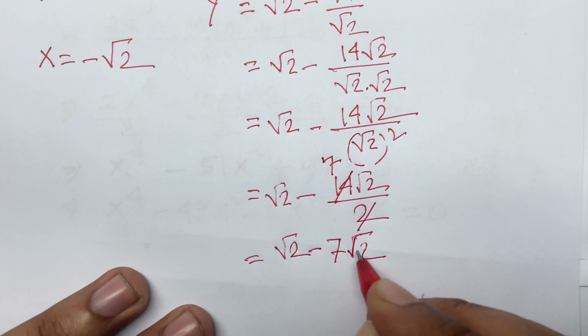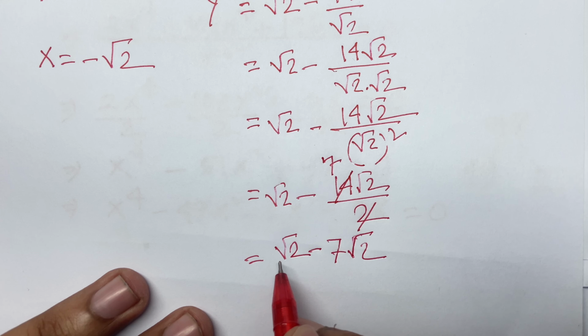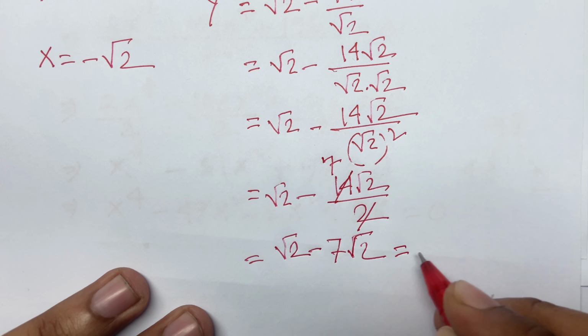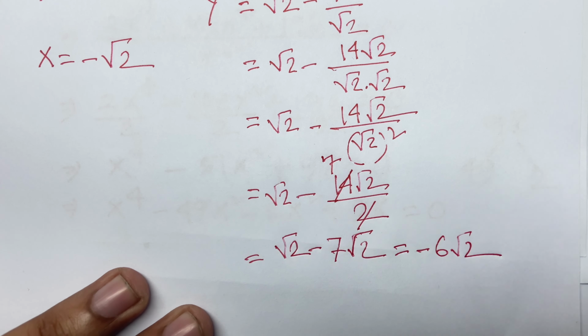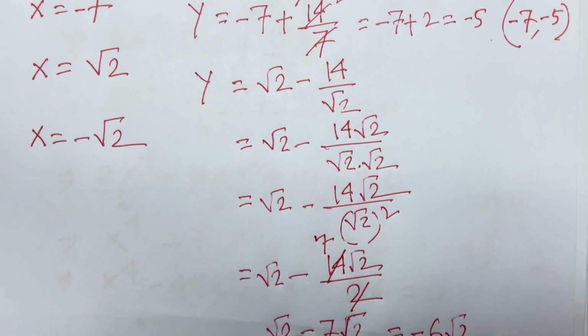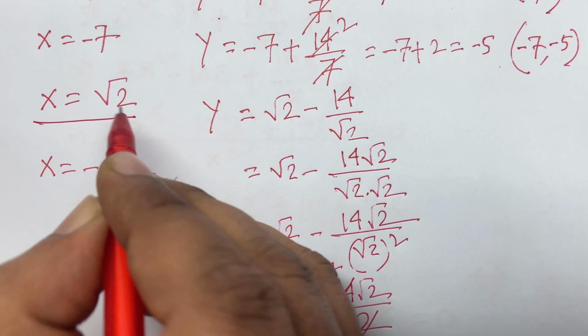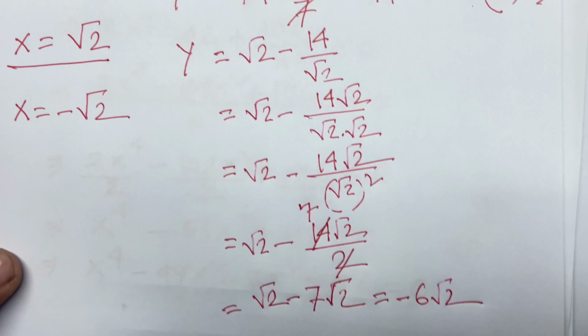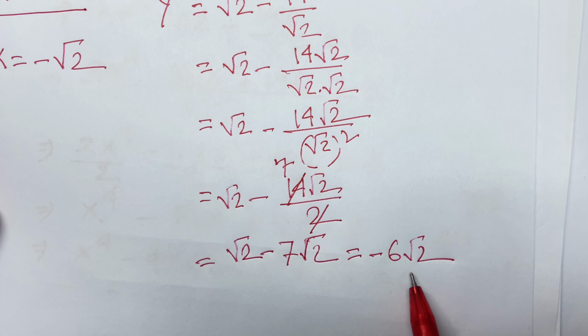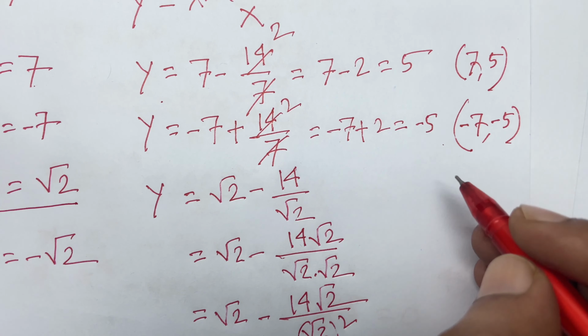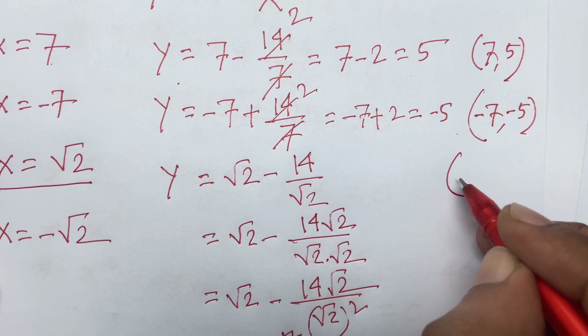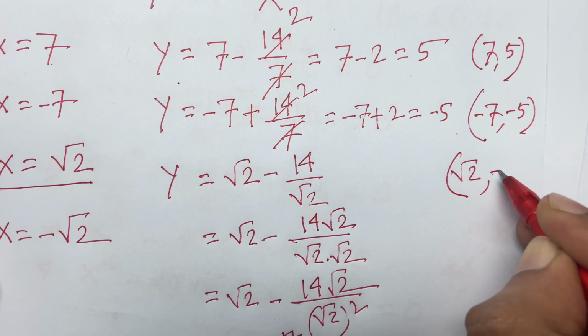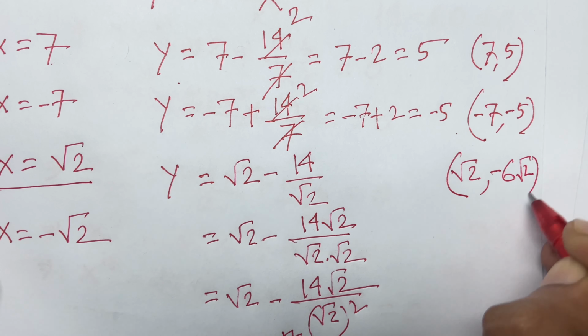We know that 1 square root 2 minus 7 square root 2 is equal to minus 6 square root 2. So I can say easily, when x equal to square root 2, this time y equal to minus 6 square root 2. So this answer is (square root 2, minus 6 square root 2).